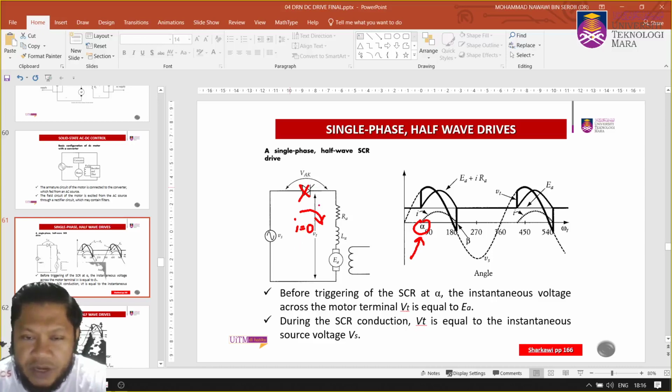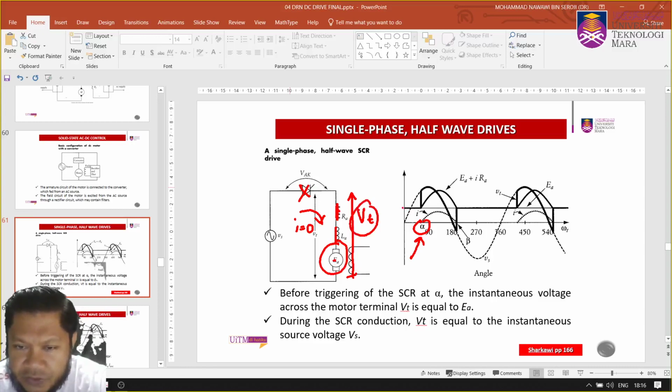When there's no current flow, if you measure from that point to this point, the output Vt will equal EA, because there's no voltage drop here and there. That's why from 0 up to alpha, your output voltage equals EA, the back EMF.